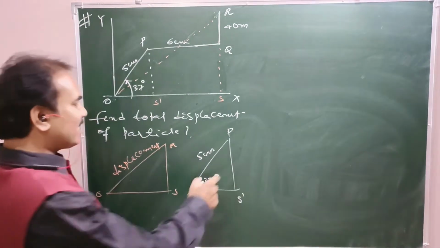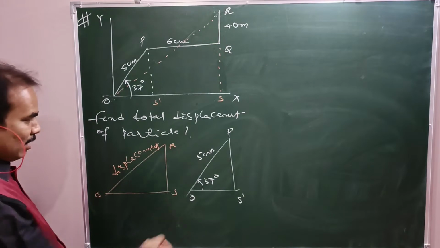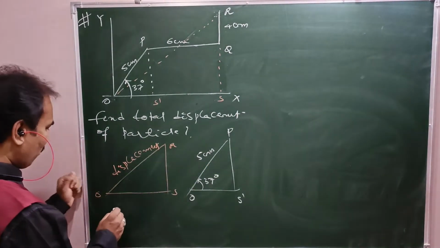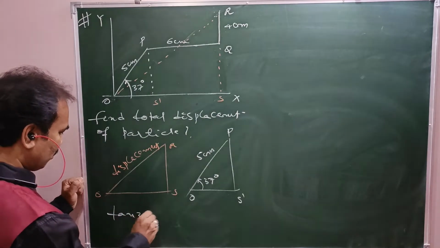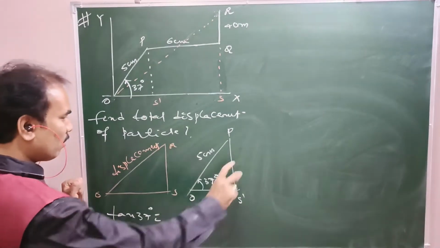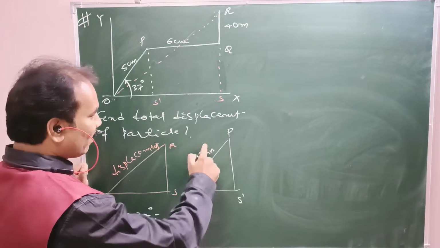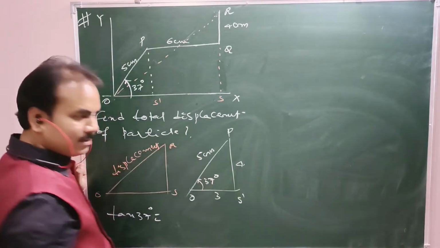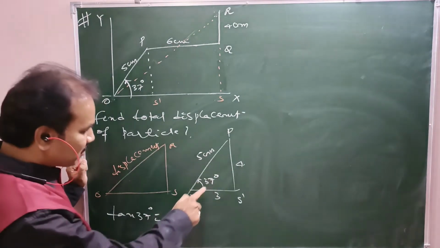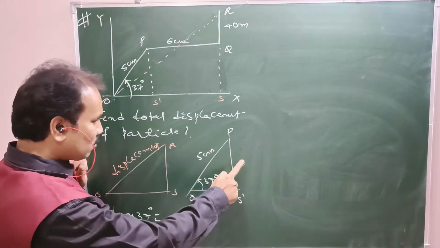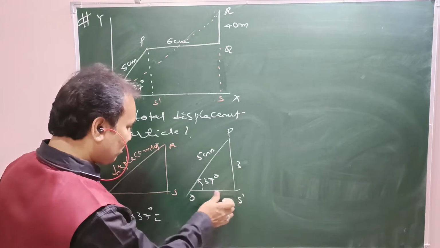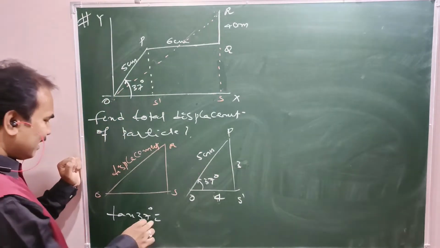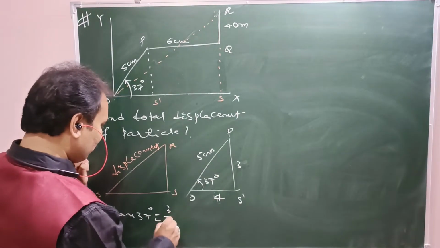Now what about the opposite side and the adjacent side? Tan 37 equals 3 by 4. This is 4, this is 3. These are familiar values. Tan 37 is opposite side by adjacent side, that is 3 by 4.